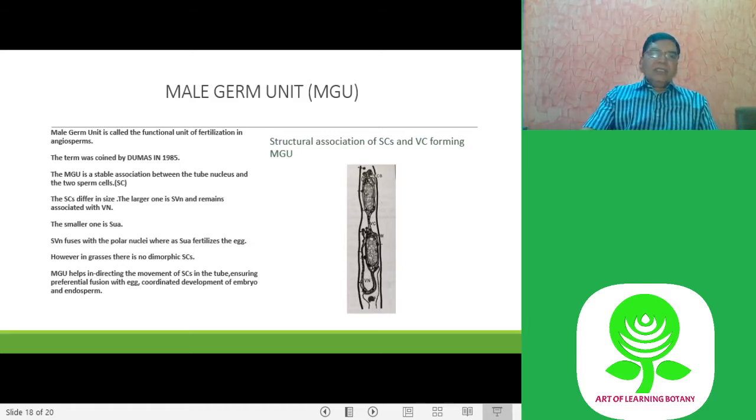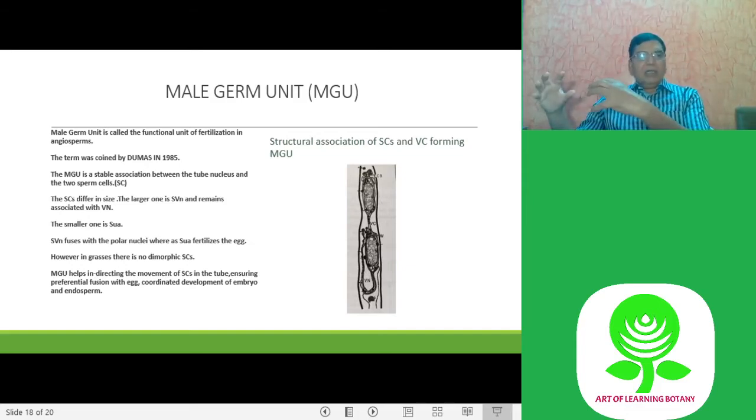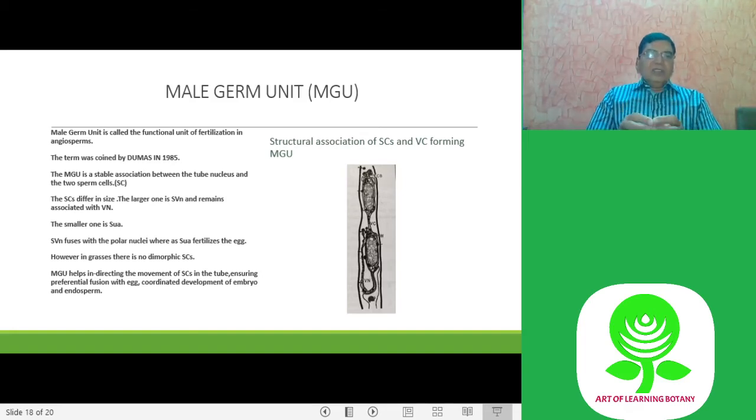So what happens? These two male gametes and the tube nucleus make a block, and they move together as a group. Now this bigger one is called the SVN, that is the sperm cell associated with the vegetative nucleus, and the small one is called the SWA.